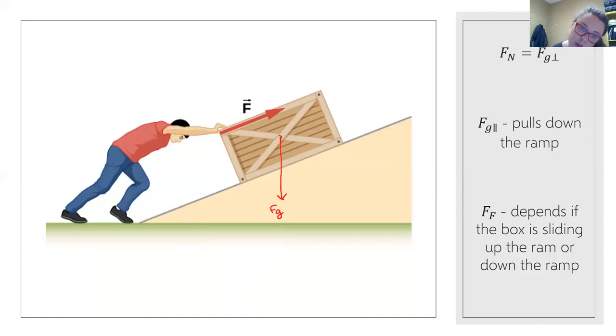Normal force is going to be straight up from the surface. Here's my normal force. And then here we have our two components for gravity. So here's my angle. And there's my other angle.